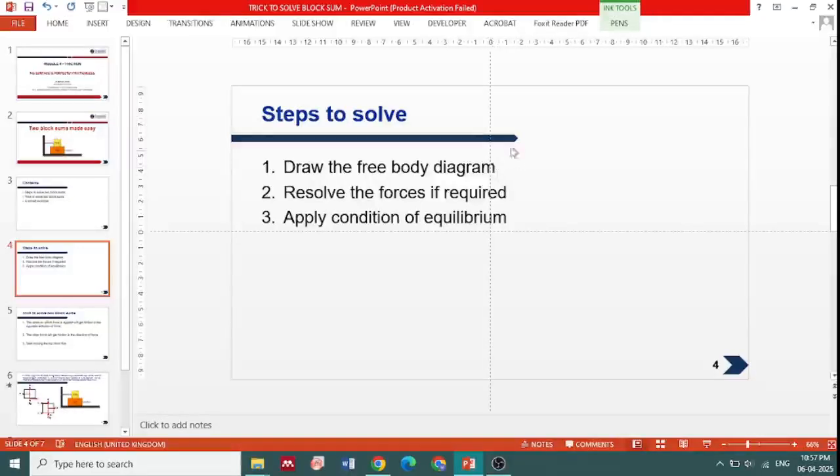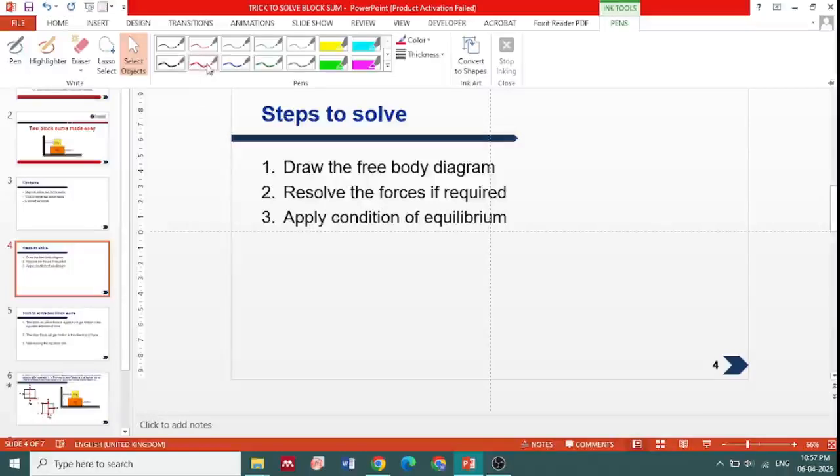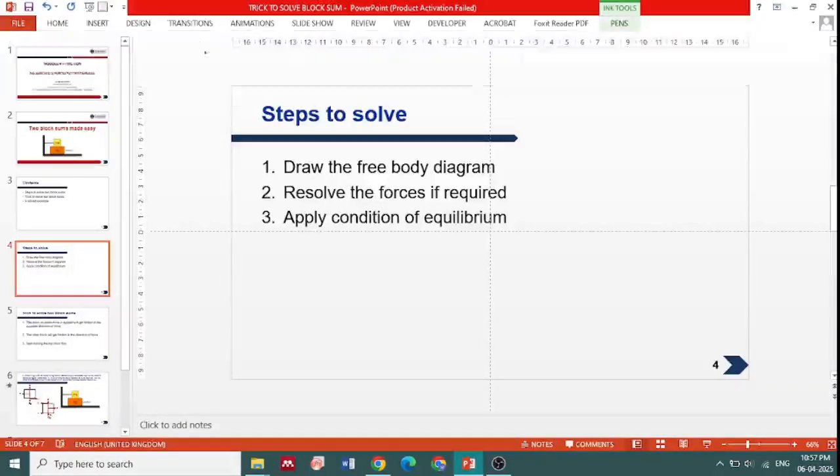So first, we need to draw a free body diagram. The first step is to draw a free body diagram. I hope you know how to draw a free body diagram. Let us see.